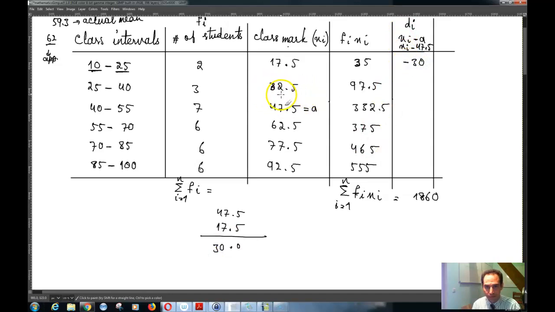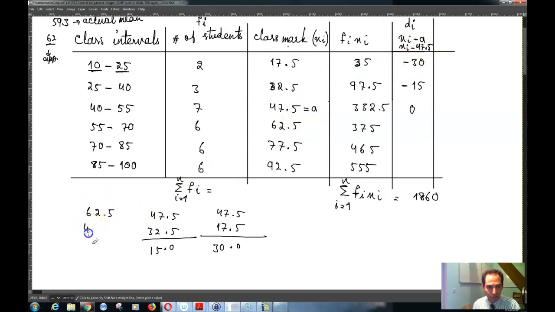Now, for example, 32.5 minus 47.5, that's negative 15. You see that these numbers are also multiples of 15. 47.5 minus 47.5 is 0. Over here, 62.5 minus 47.5.